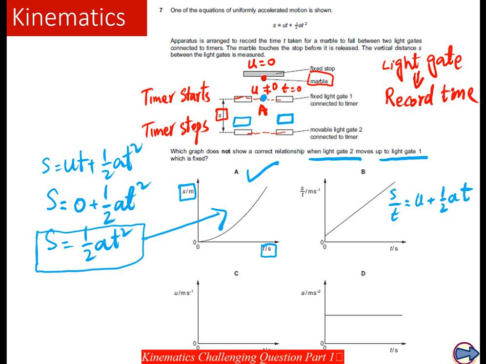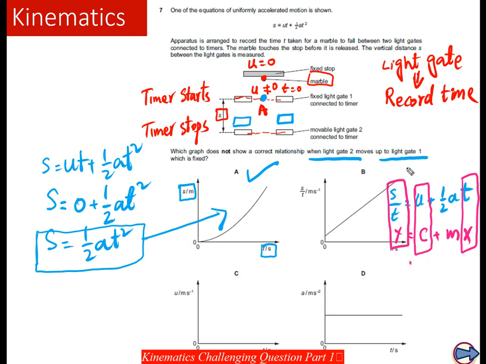Now if we compare this with the straight line equation, y is equal to c plus mx, then c is the y-intercept, t is here, and our slope is m.